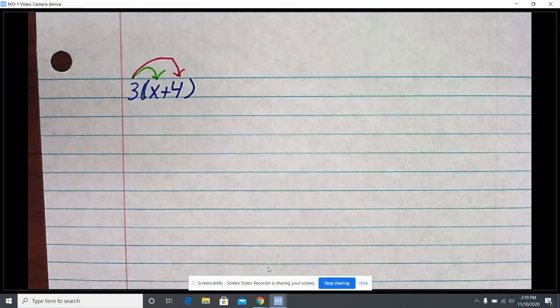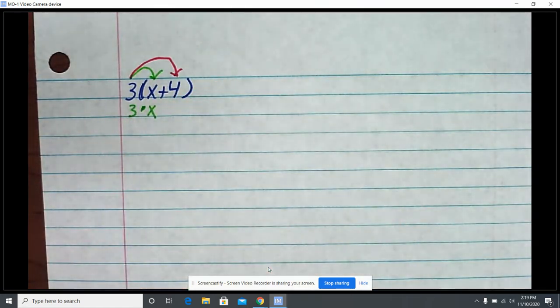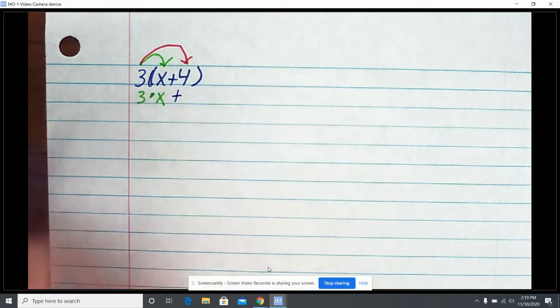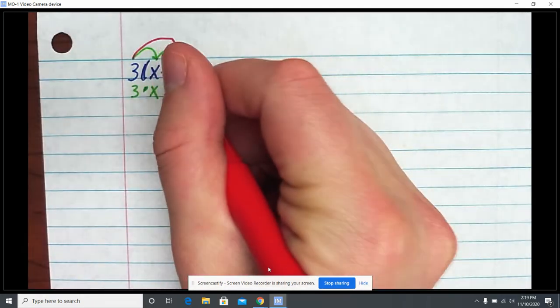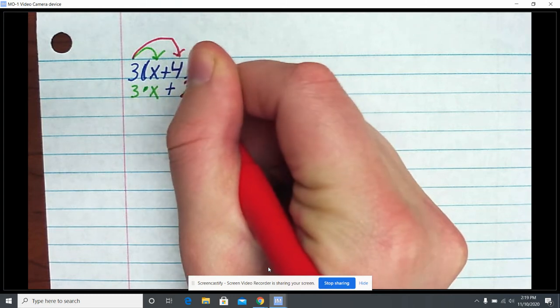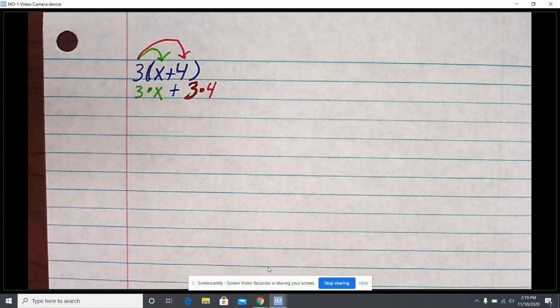So that means I'm taking 3 times x plus, oops, wrong color, 3 times 4. Now remember, when the variable's by itself, there is technically a 1 with that variable, okay?